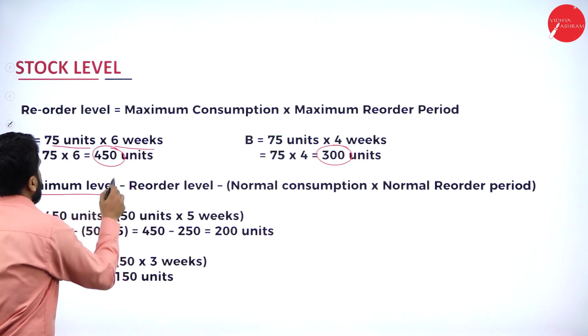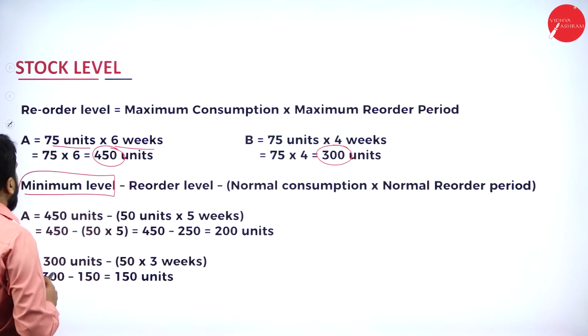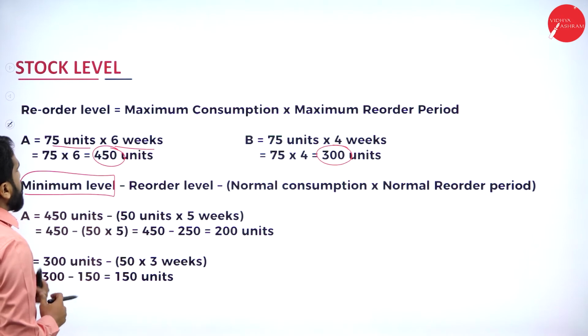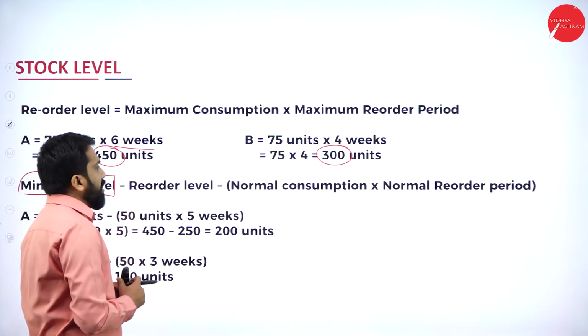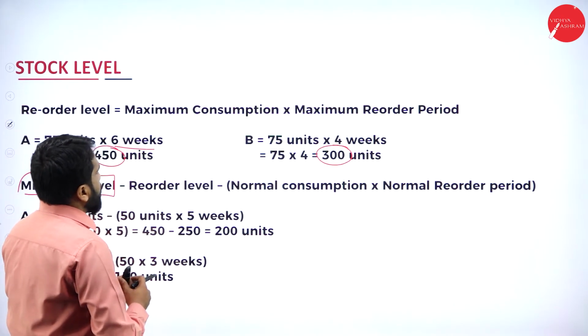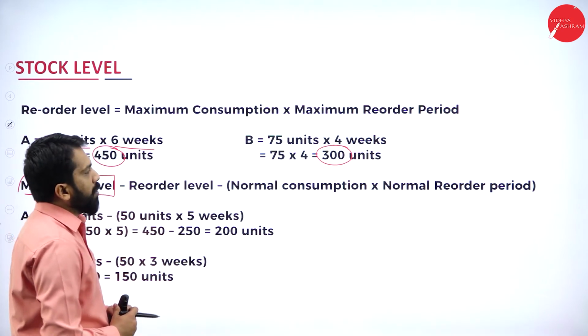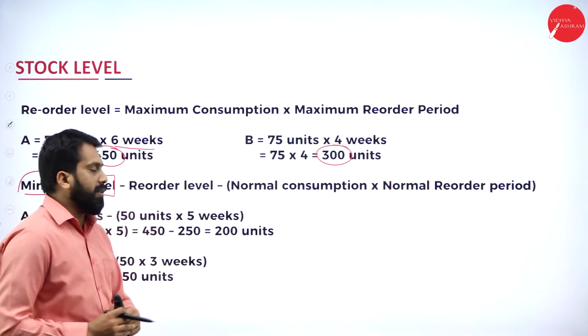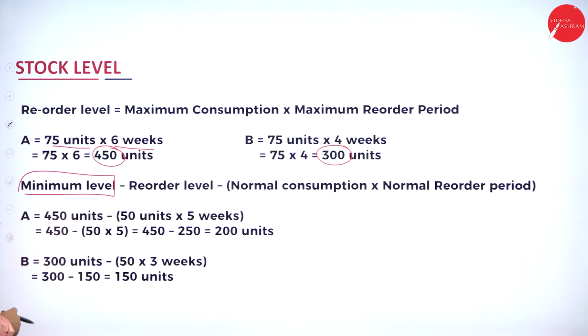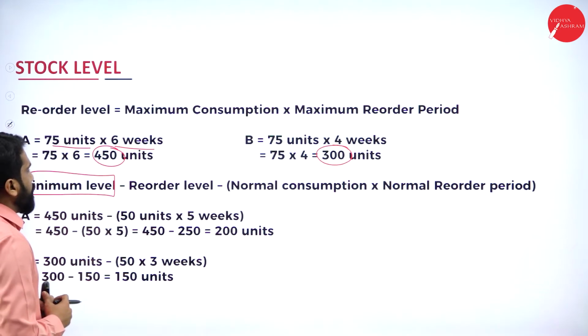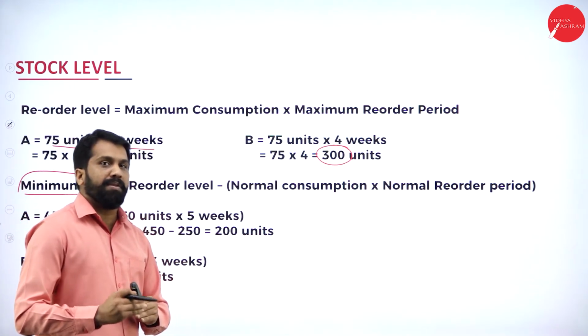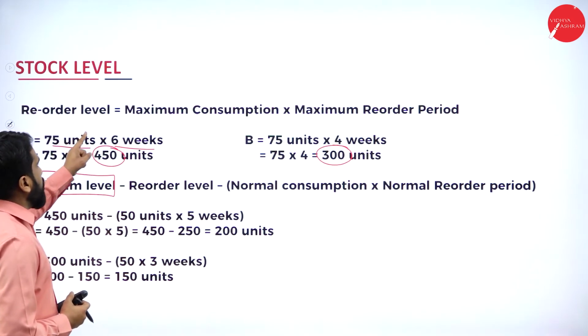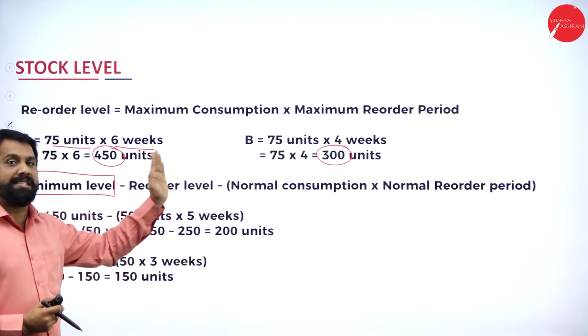Your minimum stock level. Now, your second one, minimum stock level is equal to reorder stock level minus normal consumption into normal reorder period. Now, how to calculate? For A, we will calculate first, then we'll go for B. Remember, if it is a reorder stock level, all comes maximum.